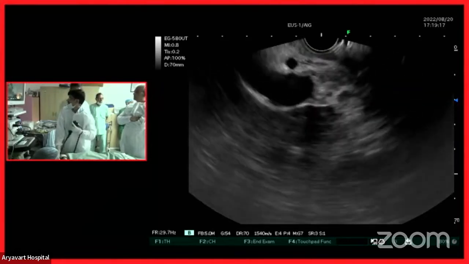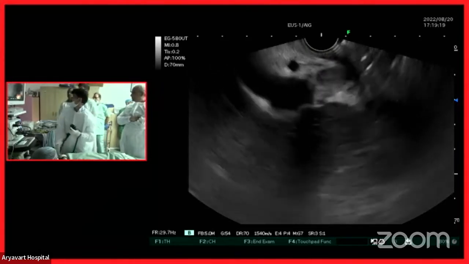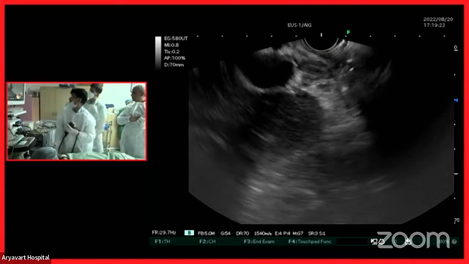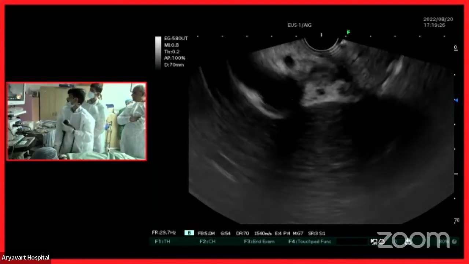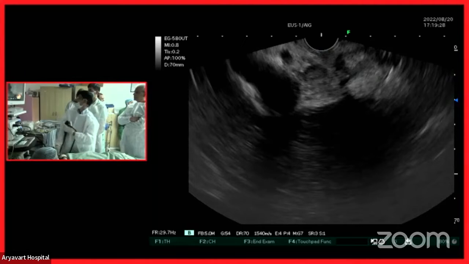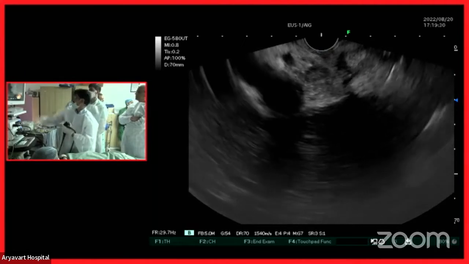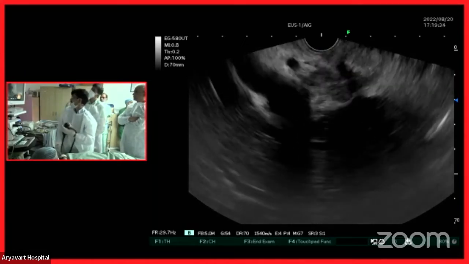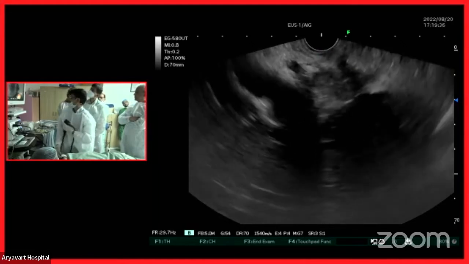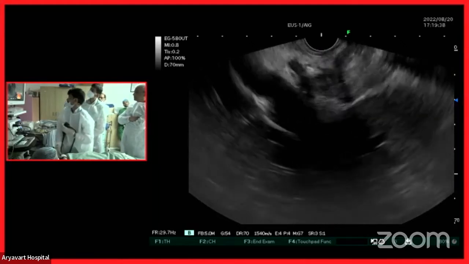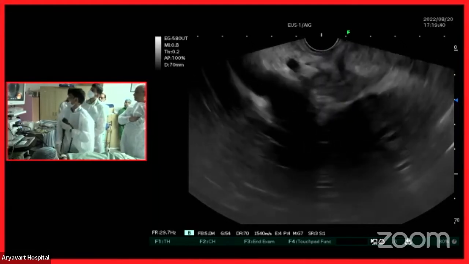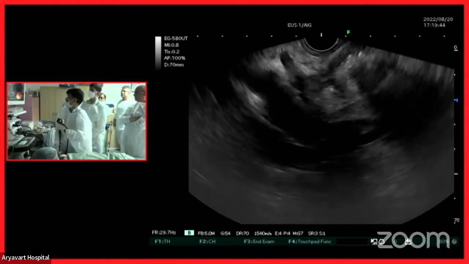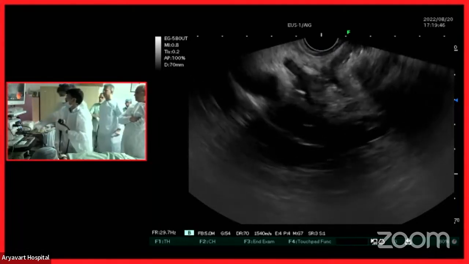I don't see the full stack sign. I'm just finding possibly some excessive soft tissue or a vaguely defined soft tissue mass here, which may be, and this is the liver hilum and the portal vein, that may be obstructing the bile duct at this level. And it seems to be encasing the hepatic artery.